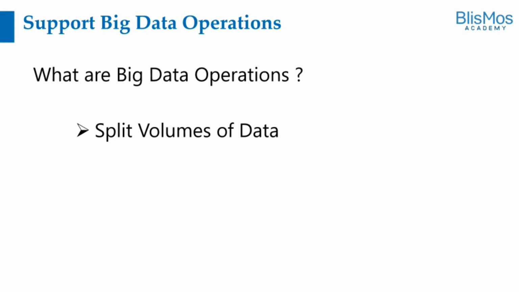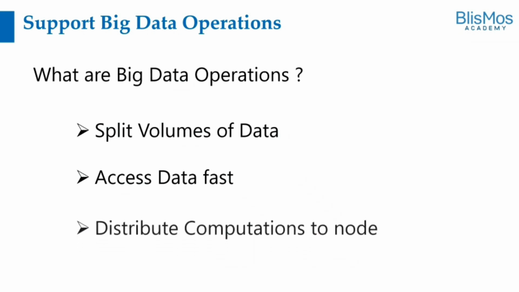Some of the big data operations are: you have a huge amount of data that needs to be split into smaller chunks. That is one aspect. The second aspect is that it is not only about splitting the data, it is also about accessing the data faster, because the data is not in one place now. The data is distributed across different systems by splitting it, and we should be able to access it fast.